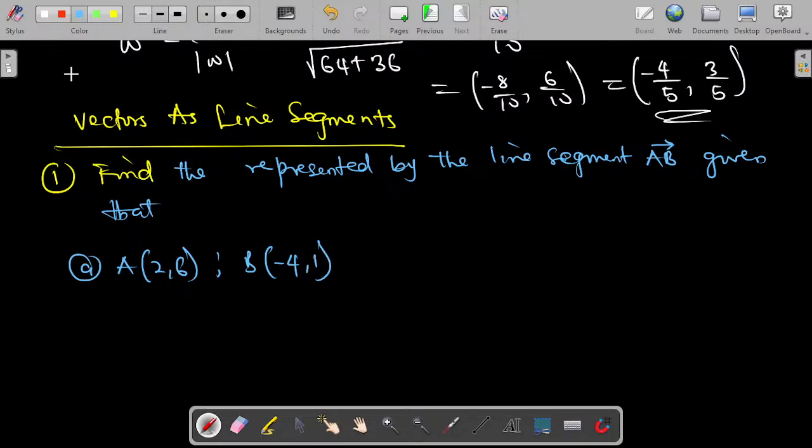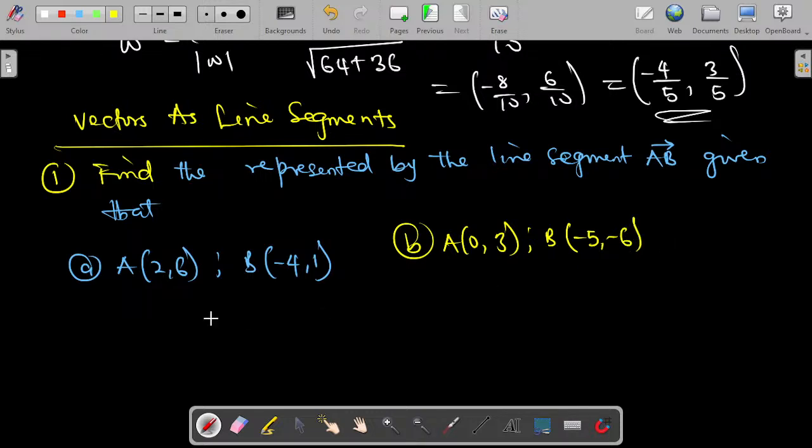I'll just take 2 examples, or I'll write 3, or I'll make it up to 4 depending on what I have. Next, A is comma 3, and B is minus 5, minus 6.